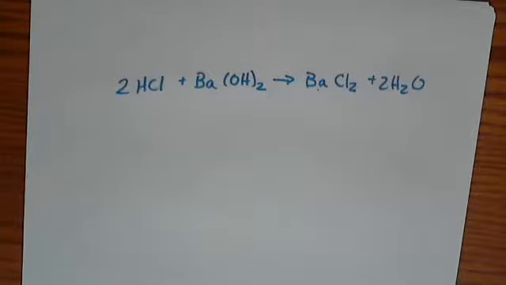Now let's say I have 100 milliliters of muriatic acid and a lot more barium hydroxide. So we should be able to calculate the limiting reactant from this.